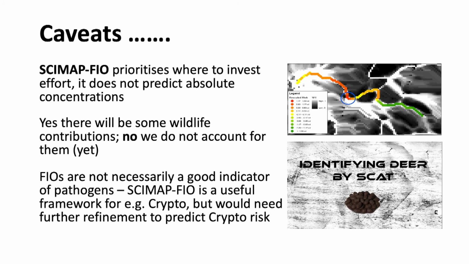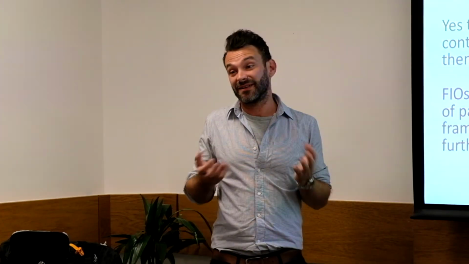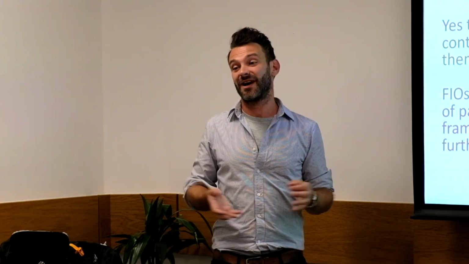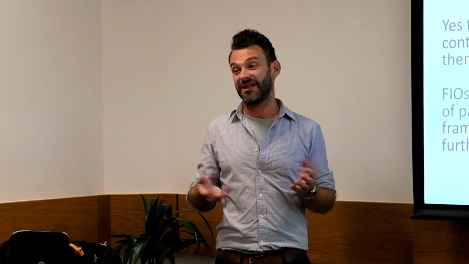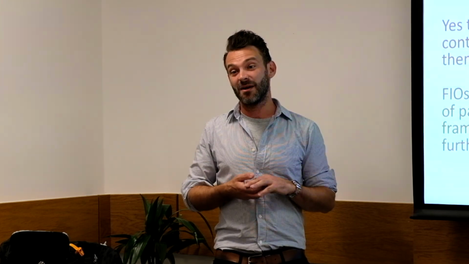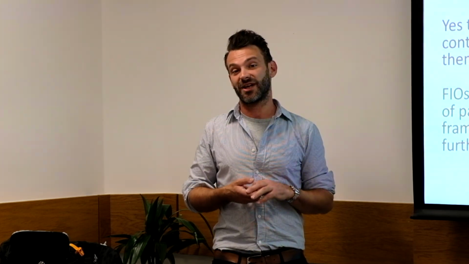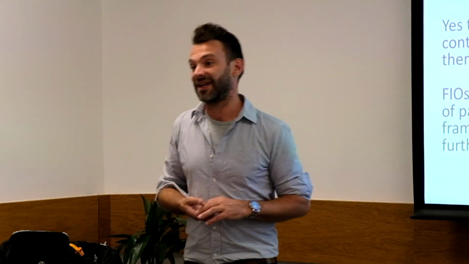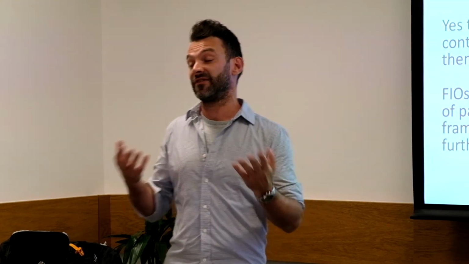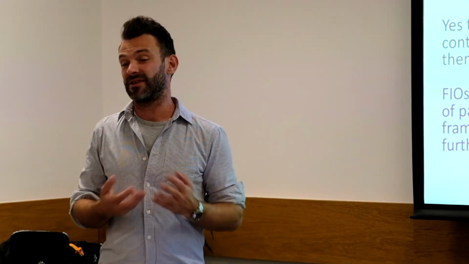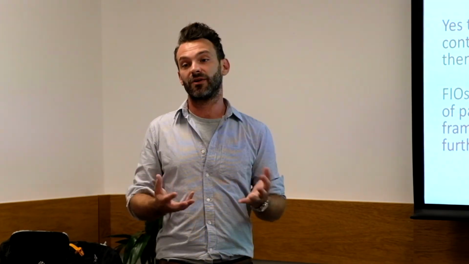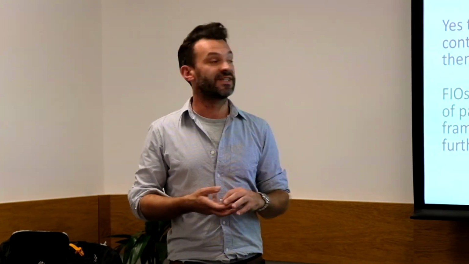There will be some wildlife contributions from deer, from geese, etc. It's a question that is directed at us quite frequently, but the data isn't there to really justify including it yet, and we've had so many internal meetings in terms of how to handle this, but we don't want to include stuff that has such a high uncertainty around it at this point in time. It doesn't mean that in the future we can't include it, but right now the evidence base isn't there, and it just feels wrong to include it just to say that we have considered it.